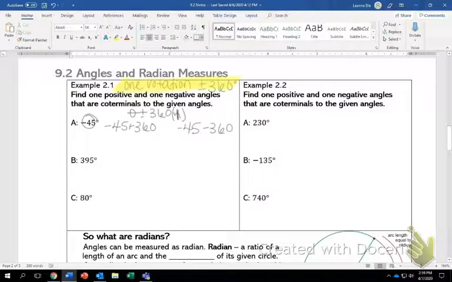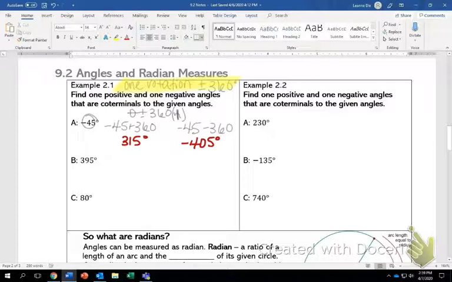So I'm going 1 rotation counterclockwise and then 1 rotation clockwise. If you take negative 45 and you add 360, you should end up with 315 degrees. And then if you go clockwise, you're going to end up with negative 405 degrees. So that's all we're doing here, adding and subtracting 360.